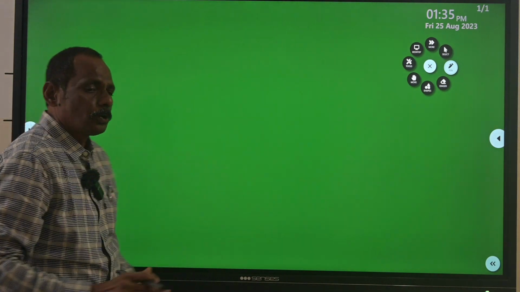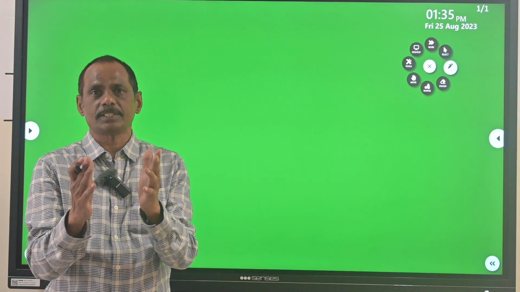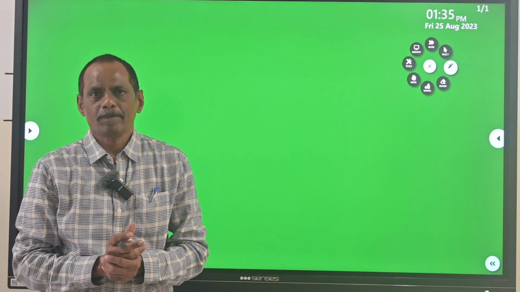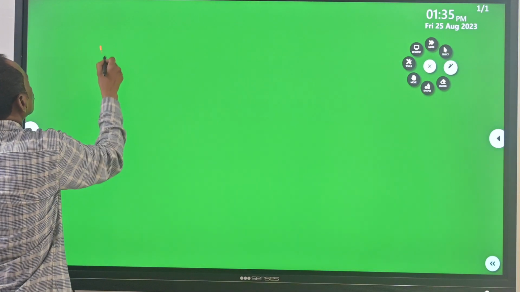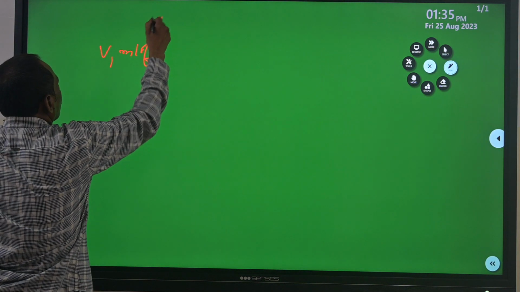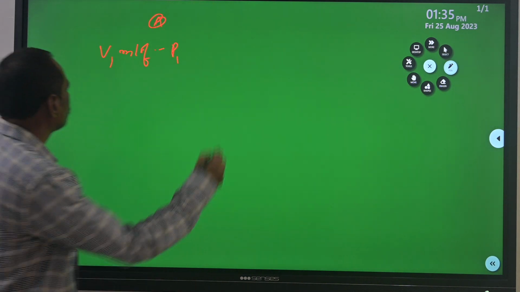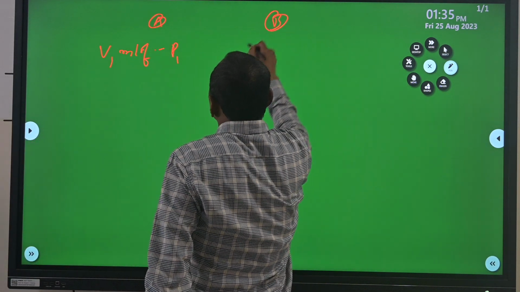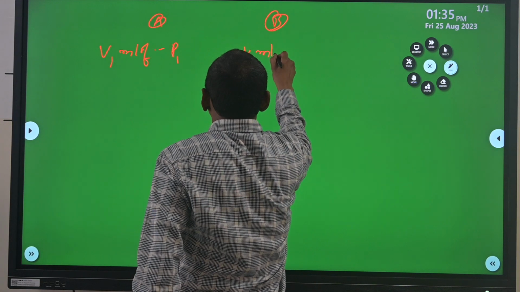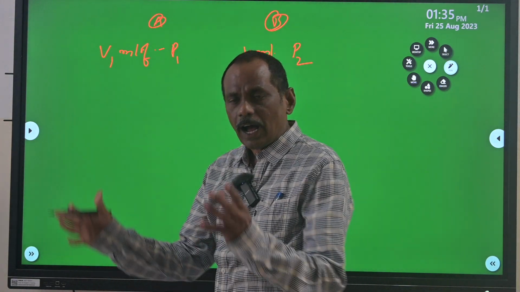If two gases of different volumes and different pressures are mixed in a container, for example, V1 milliliters of a gas A at a pressure of P1 and V2 milliliters of another gas at a pressure of P2 are mixed together.